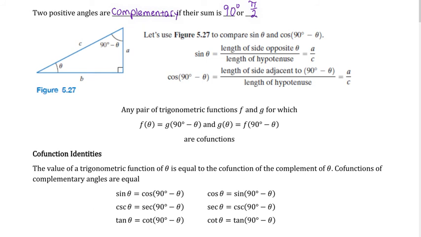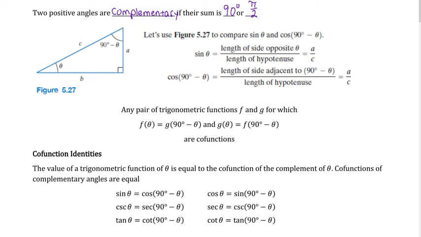So what we have here are what we call cofunctions. We have an extended definition where f of theta equals g of 90 degrees minus theta, where f and g are both trigonometric functions, and also g of theta equals f of 90 degrees minus theta. We could show these on a triangle if we were to draw triangles for each one.